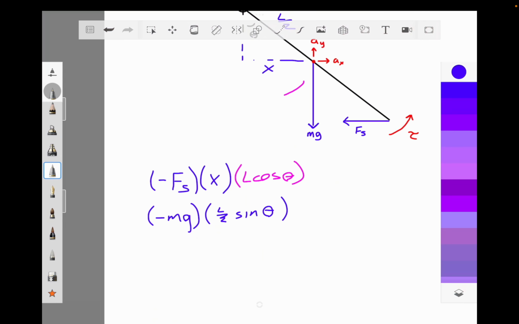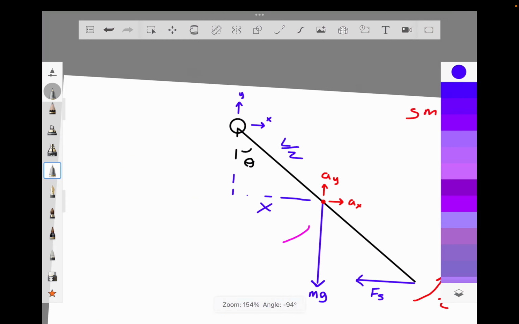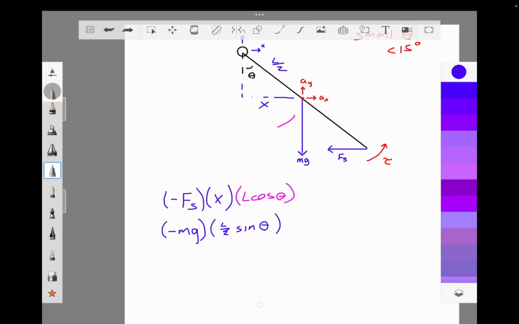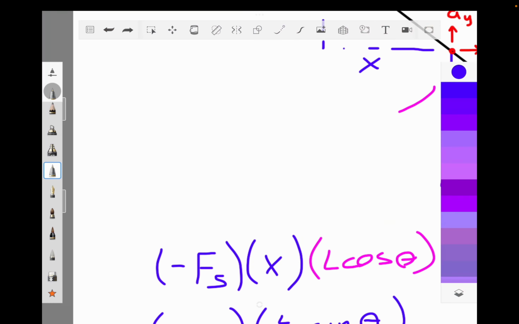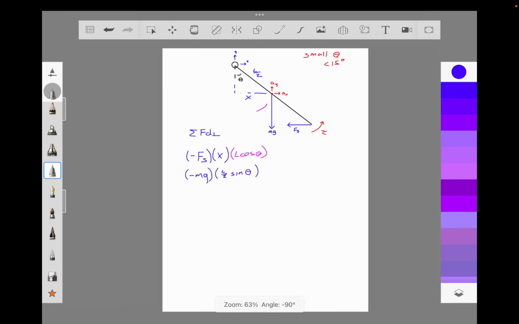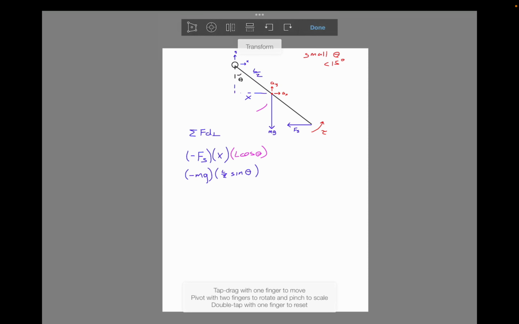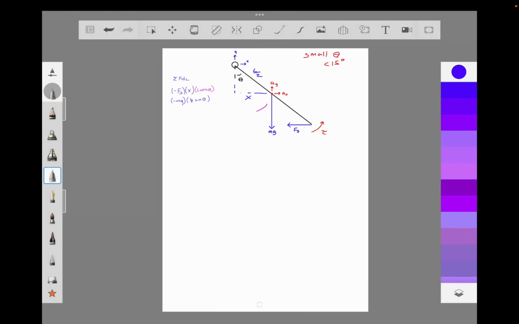And then we have these reactionary forces, but they act at the pivot point, so they don't matter. And that is it for the sum of the forces times perpendicular distance. So I'm going to grab that and move it right here for now.